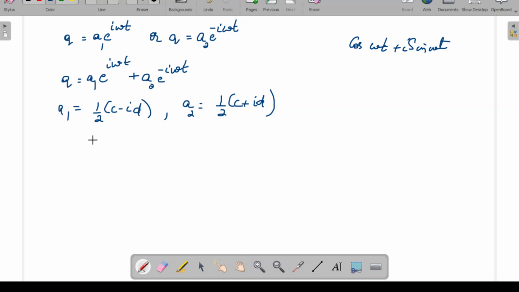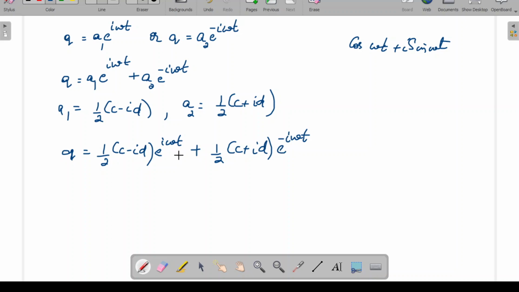So now what you have to do is put it in this q. You know that q is equal to a1, half into c minus id, into e raised to i omega t, plus a2, which is half into c plus id, into e raised to minus i omega t. Now you have to simplify this equation.